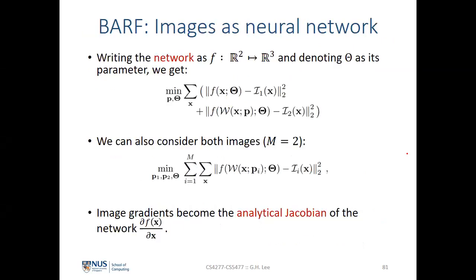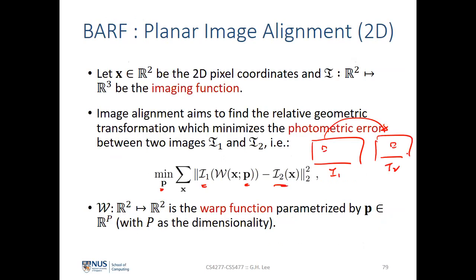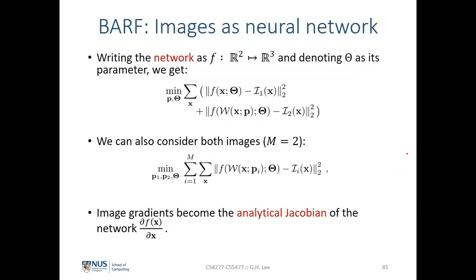So now you have two images, and you optimize for the photo consistency. But now let's replace one image with a neural network. That means that you are going to render that image using a neural network. So one of the images becomes a neural network. You can do it for the other image as well, so you can consider both of the images.